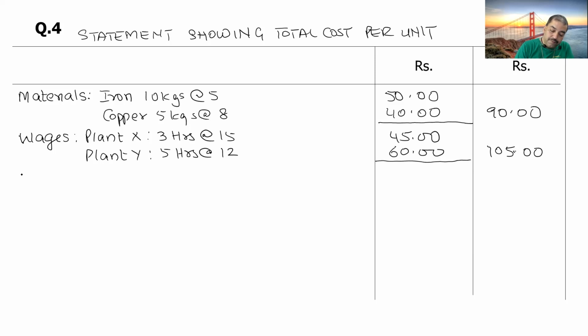Variable overheads. Plant X, 3 hours at 8 rupees, 24.